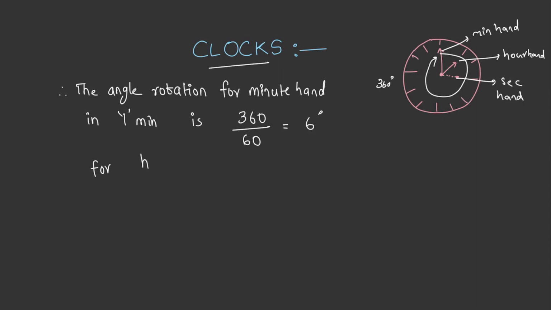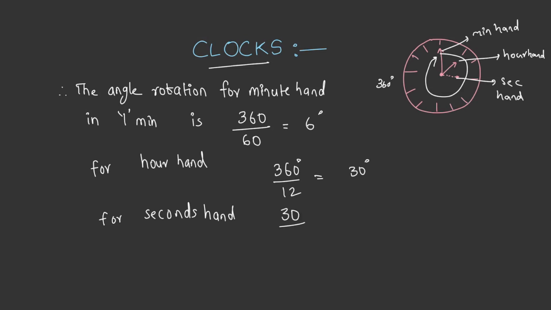For hour hand, angle of rotation is 360 degrees by 12, that is 30 degrees. For seconds hand, it is 30 by 60, that is half degree.